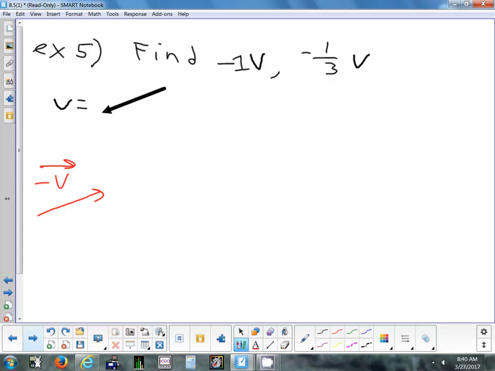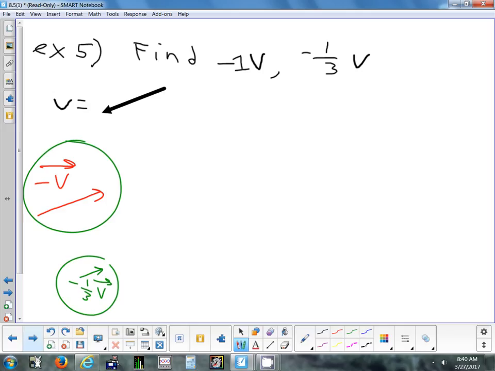And then negative 1/3 v, it's going to point the same way as the one I just did, but be about 1/3 as long. Okay, so that's negative 1/3 v. Any questions on that one?